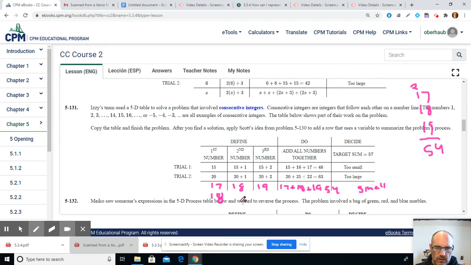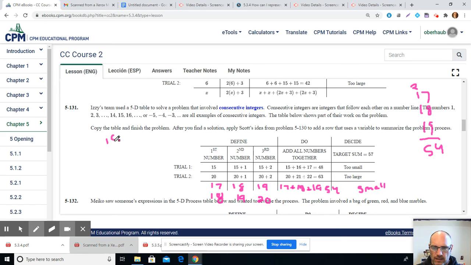All right, so let's see. 18 is my first number. My second number, I add 1 to it, so that would make that a 19. My third number, I add 2 to whatever my guess was. So 18 plus 2 is now 20. And then you're going to write down 18 plus 19 plus 20, and then add them up.